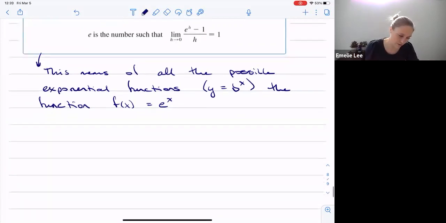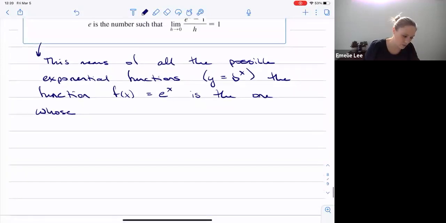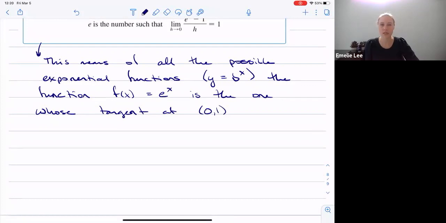So the function f of x equals e to the x is the one whose tangent at 0, 1, when x is 0, e to the x is 1, anything to the power of 0 is 1.